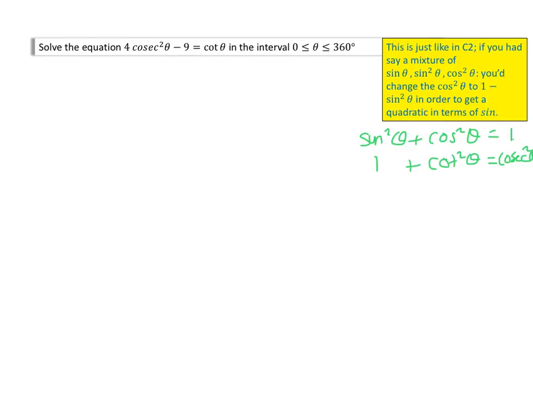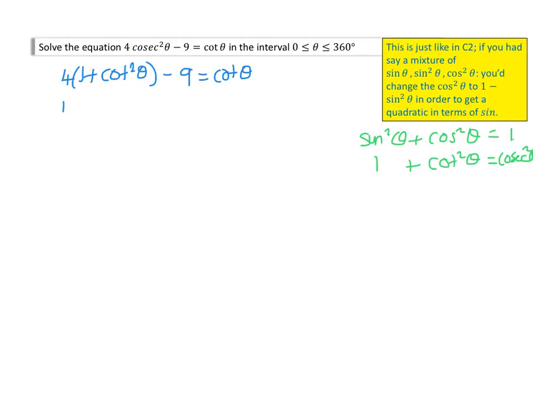Okay, so I can now write the original question just in terms of cot theta. So for cosec squared theta, we could write 4 times 1 plus cot squared theta, then we have minus 9 equals cot theta.